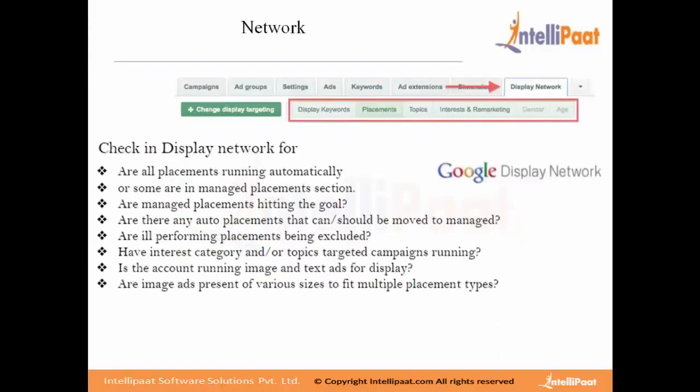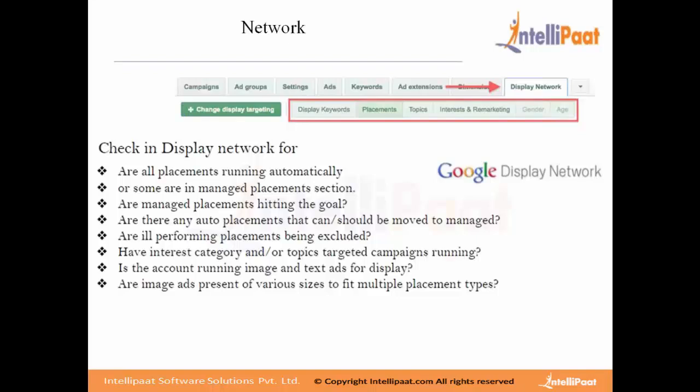The next part, guys, which one should look at while doing a PPC account audit is the network part. Within the network, one should look at the display network and check the overall placements, whether they are working perfectly or not.